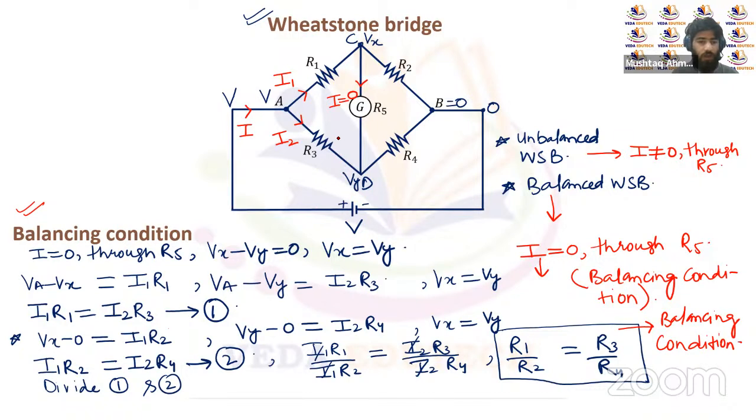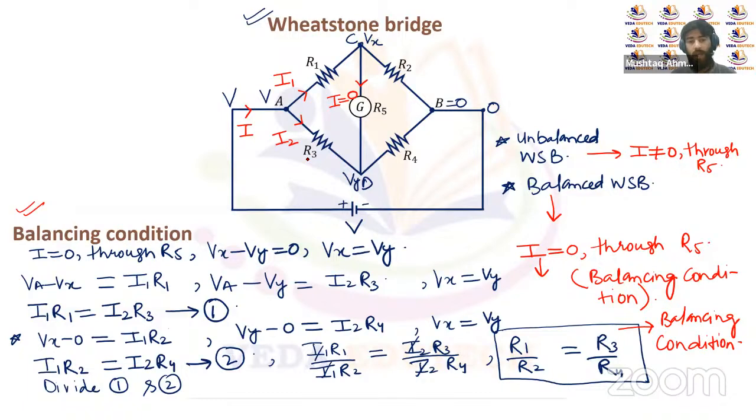Or we can say the product of the diagonal resistors, R1 multiplied by R4, should be equal to R2 multiplied by R3. This is what we call the balancing condition of a Wheatstone bridge. At this condition, the current flowing through the R5 resistor of the Wheatstone bridge is equal to 0.